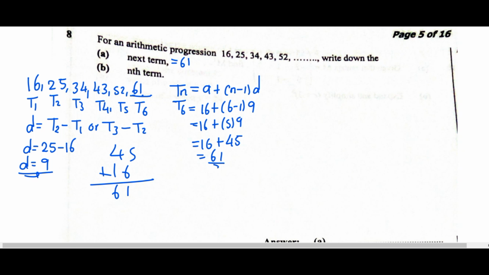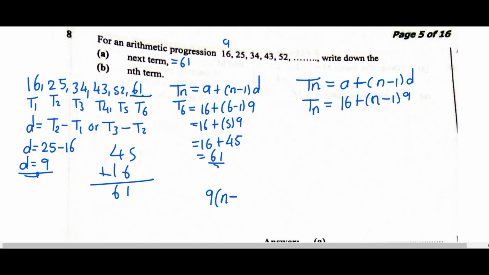Then for B we are just looking for the nth term. So we know that the formula Tn is equal to a plus n minus 1 multiplied by the common difference. This time, whenever you are solving for the nth term, you don't substitute n. But our a is our first term in our sequence, so a is 16, and the common difference is 9. Now the expression after the plus sign is 9 times n minus 1.